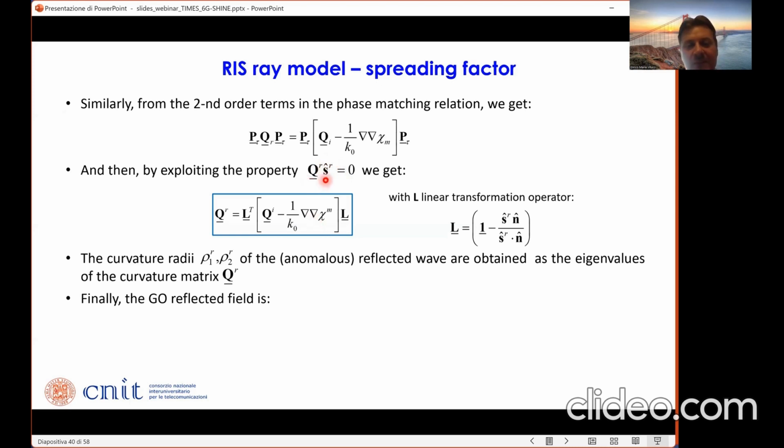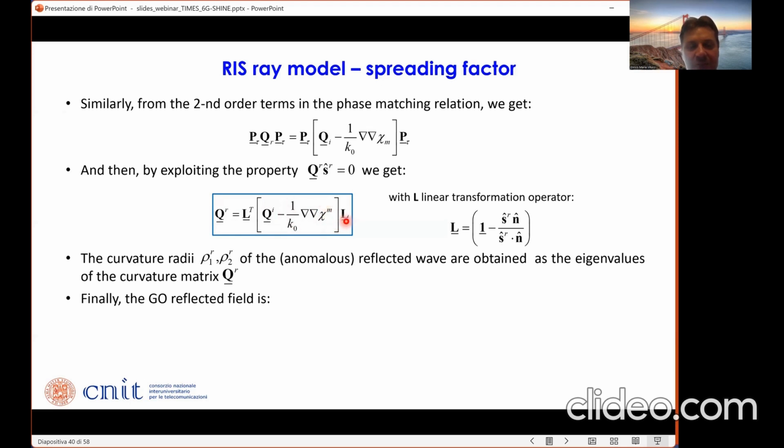And with some algebraic manipulation, which I skip here for the sake of brevity, we finally get this expression which gives you the curvature matrix QR of the reflected wave, where we have the curvature matrix of the incident wave minus the Hessian matrix of the phase profile imposed by the RIS divided by the wave number.